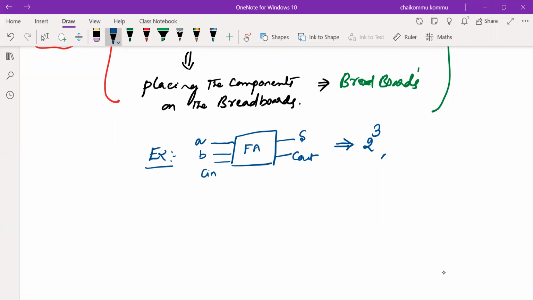Three input, one exclusive OR gate is required, three AND gates and one OR gate, approximately. Or worst case, two exclusive OR gates, two AND gates and one OR gate. Altogether, that is six gates required in the worst case. This is the number of gates, right?